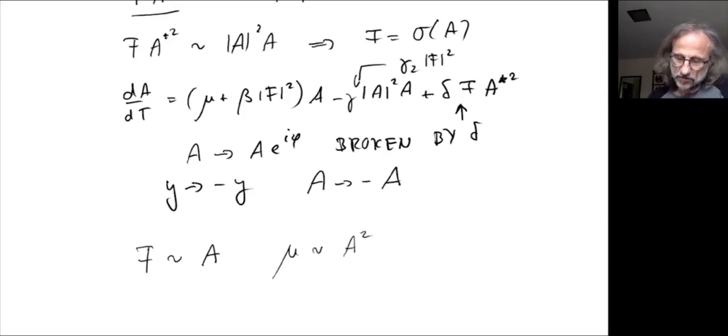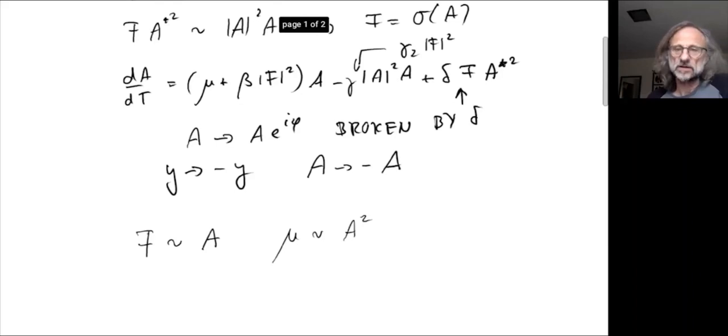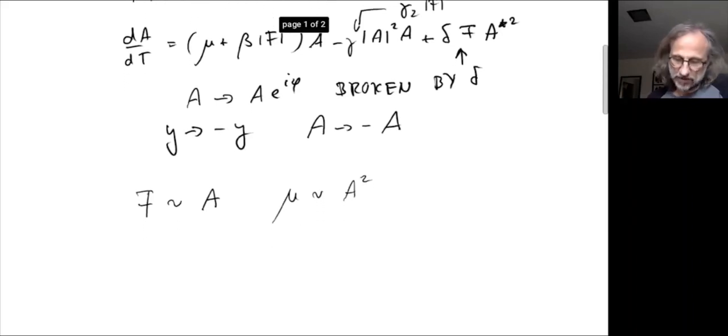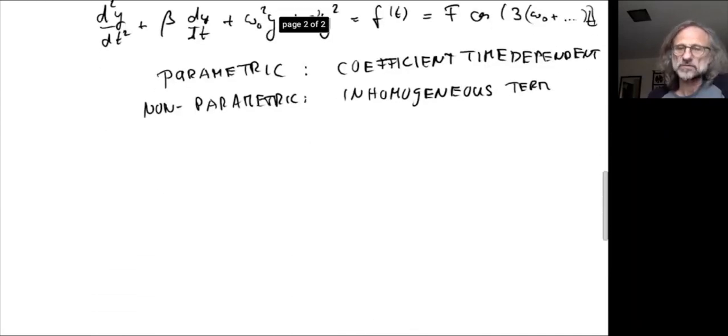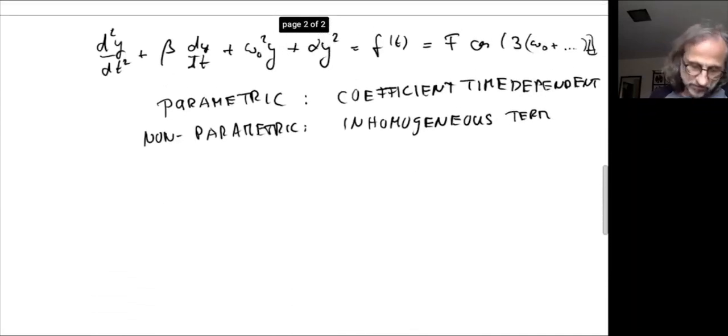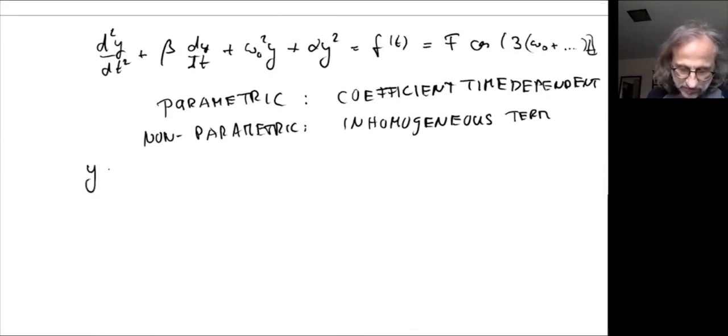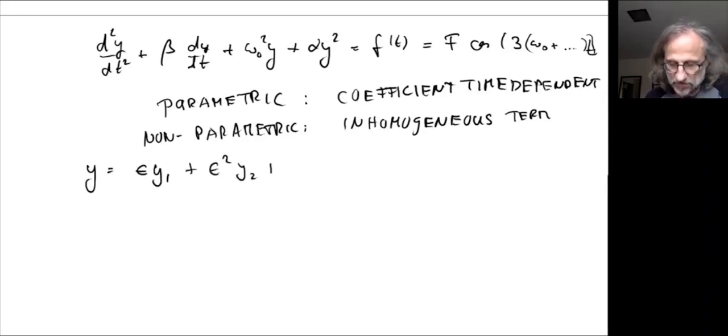And so if we call A of order epsilon, then we have F order epsilon and mu order epsilon squared. And therefore also this slow time is order epsilon squared. So we introduce now for our expansion, we say y is equal to, as I said, order epsilon times y1, epsilon squared y2, and so on.